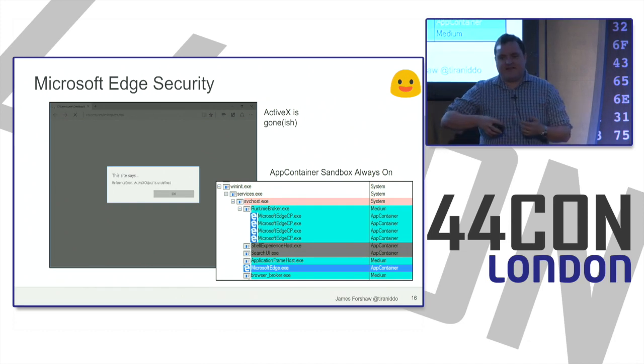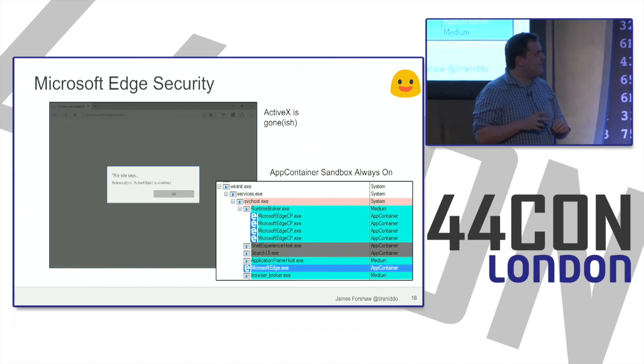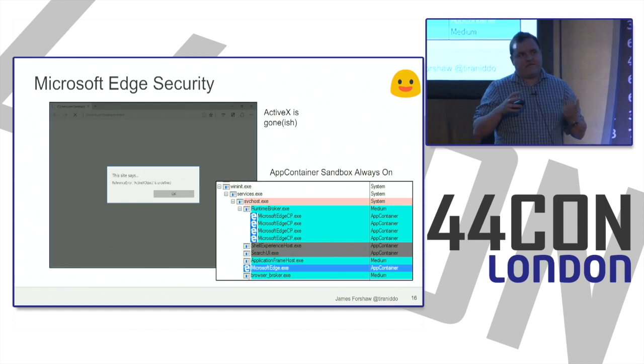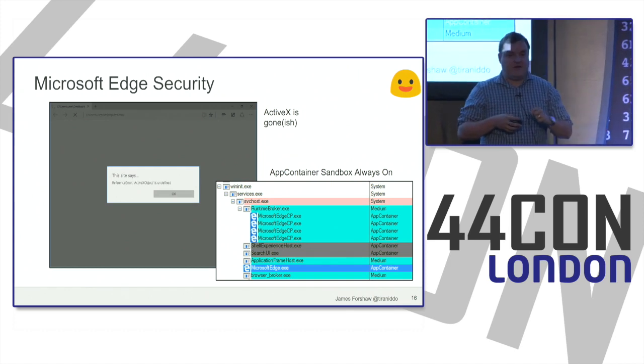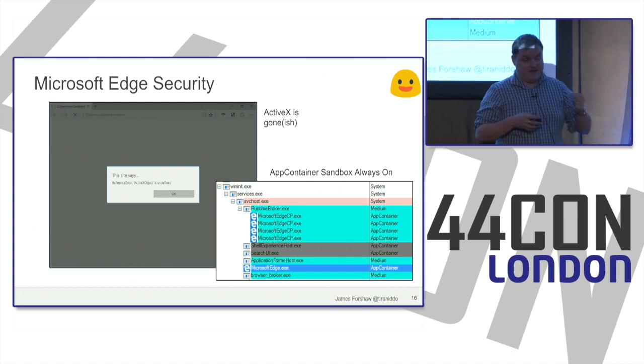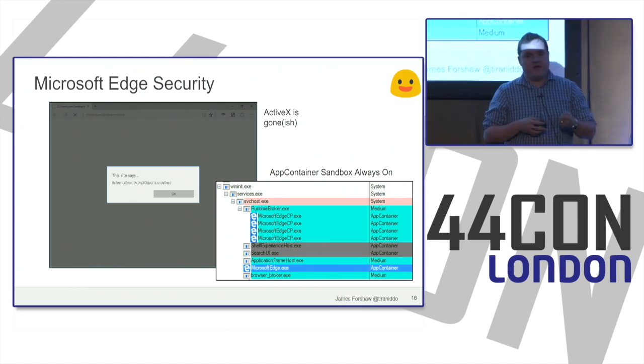And so things like ActiveX are effectively gone. It's not strictly true in a complete sense, but from a varying perspective, it is gone. But obviously, from my perspective, the app container sandbox is always on. So IE11 or IE10 had Enhanced Protected Mode on Windows 8 and above, but it was never enabled by default, except for a one-month window when 8.1 came out.